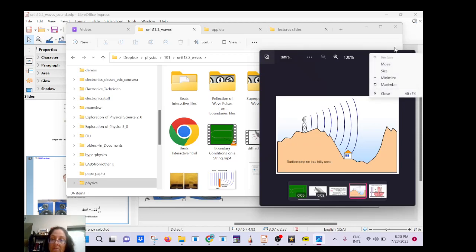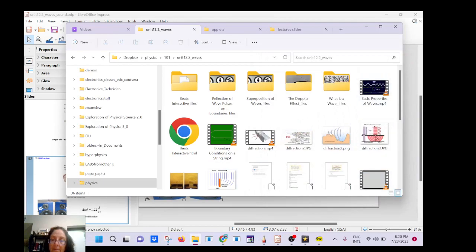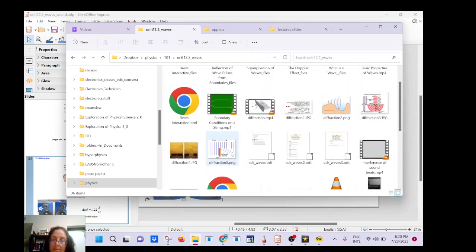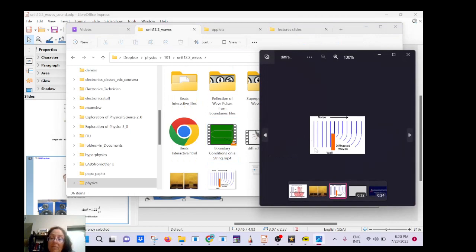It works also with water waves. So you have water coming here and you have an obstacle here. You're still going to have some wave here because the waves, if they have a wavelength about the same size as this obstacle, are going to spread out around the corner, okay?